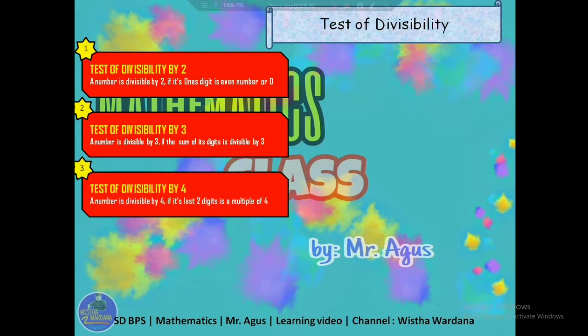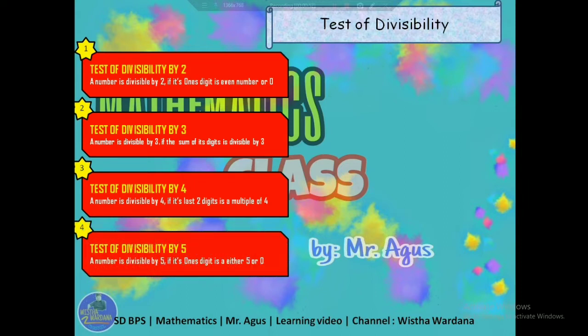Test of divisibility by 4. A number is divisible by 4 if its last two digits are a multiple of 4. The next one. A number is divisible by 5 if its ones digit, or the last digit, is either 5 or 0.